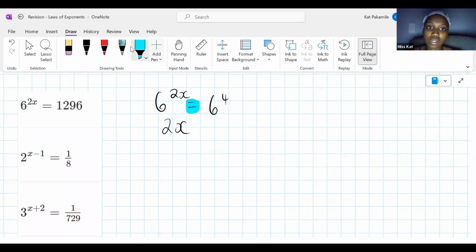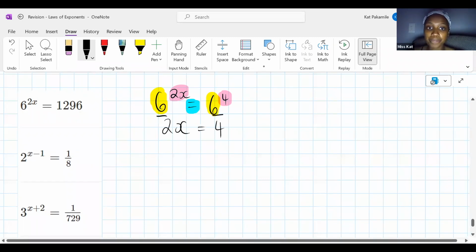No, remember, if you have the same base on two sides, let's say you have 6 and a 6, you can make the exponents equal. Do you remember? Yes, ma'am. Regardless of what the exponents are. So you can say 2x equals 4 because we have the same base on both sides. You see? Yes, ma'am.